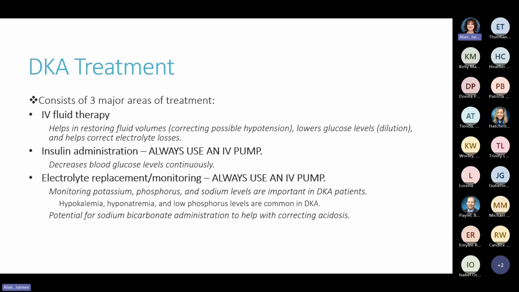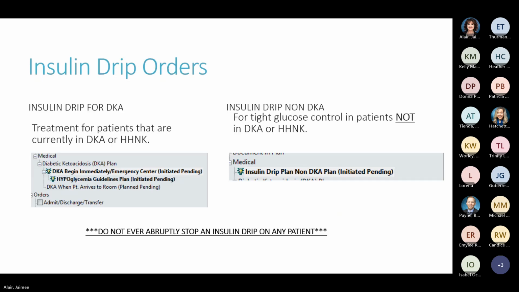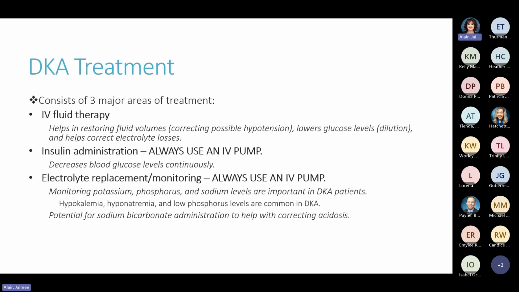One of the big things is we don't ever stop insulin therapy or an insulin drip on any patients because we want to make sure that we're completing therapy versus stopping and starting it. When we're treating DKA in adults, it's similar. So IV fluid therapy to restore fluid volumes. Some of these patients have hypotension.